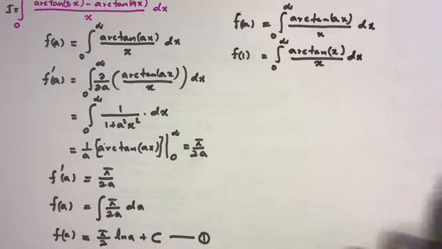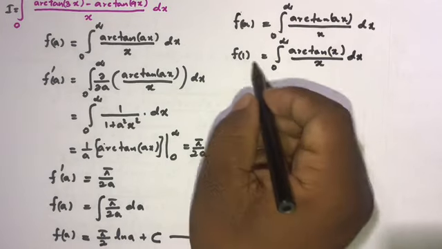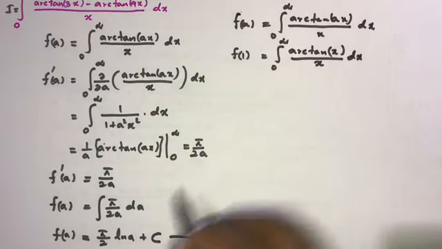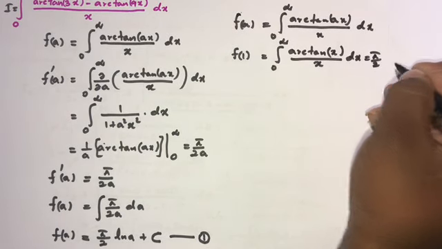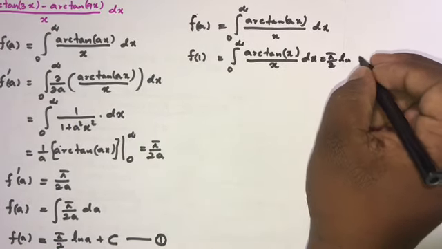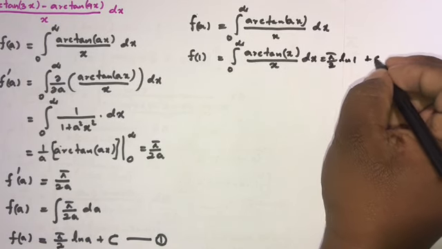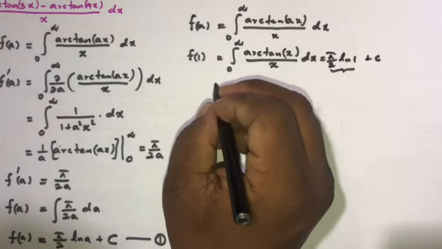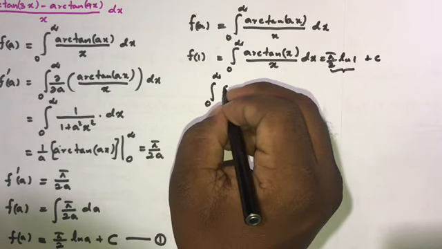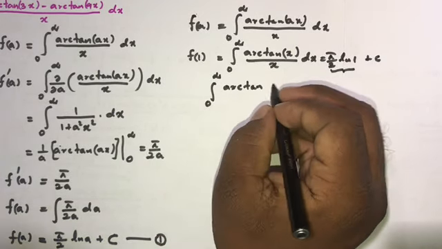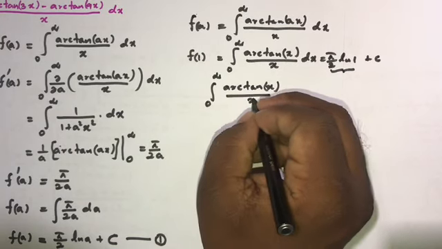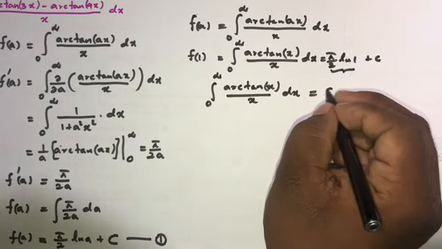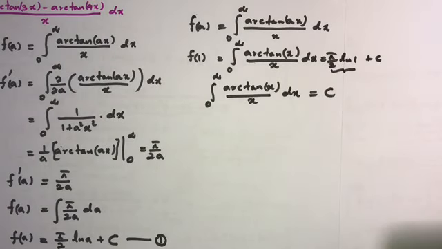And we know f of a is equal to pi over 2 natural log of a plus c, so f of 1 is equal to pi over 2 natural log of 1 plus c, but we know natural log of 1 is equal to 0. Therefore the integral from 0 to infinity of arctan of x over x dx is equal to c. Okay, now we found the constant c here.